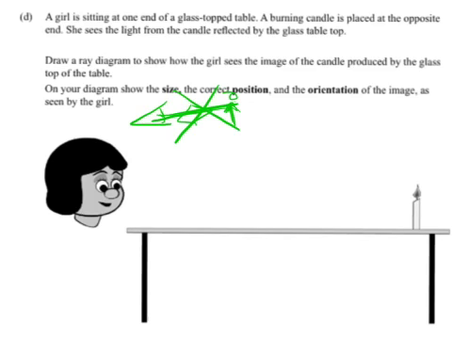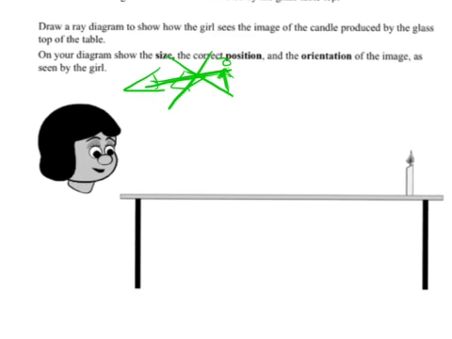So anyway, let's have a look at this diagram and see what we can do to draw the image of the candle produced by the glass top on the table. Alright, let's go for red. So the first thing that you'd probably want to do is imagine what you would see.